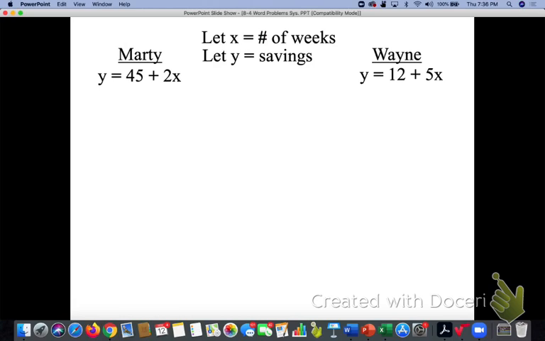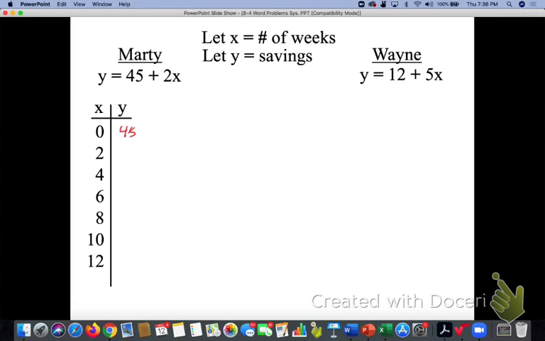So we take that equation, and I'm going to remind you, we choose our x's. So we could start with 0 weeks. Remember, x represents our weeks, y is our savings. So at 0 weeks, if I substitute that in, we end up with 45.